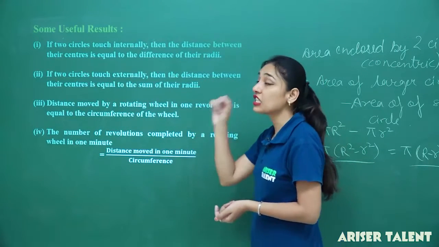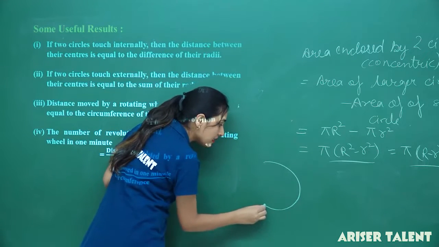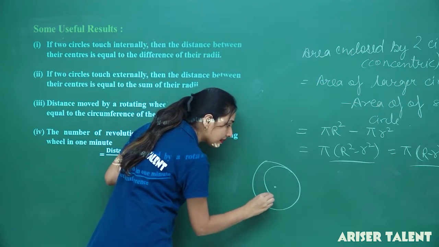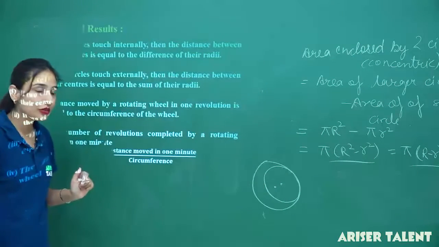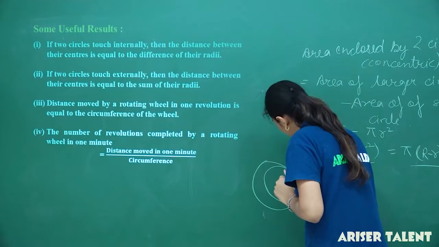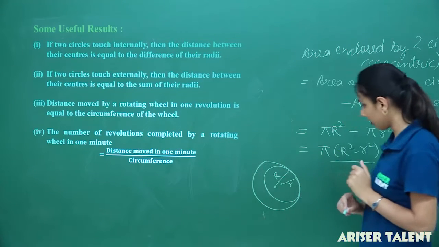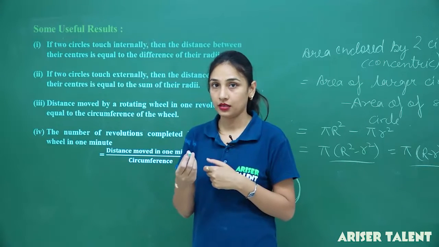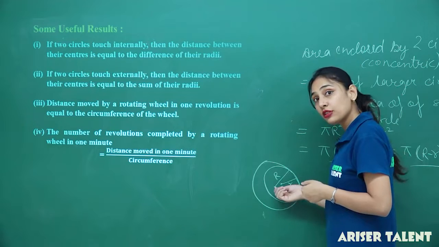If two circles touch internally, that means this is one circle having some radius, and this is the second circle having its center here. Now, what will happen? This has some radius small r and this has some radius capital R. The difference between R and r will be the distance between the centers.